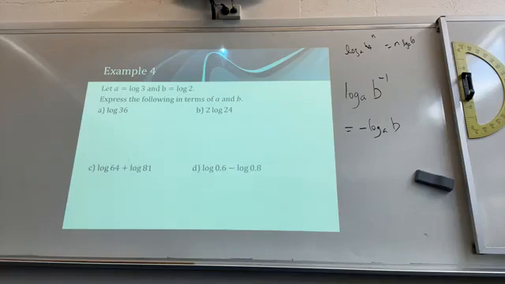If a equals log 3 and b equals log 2, can you think about the following in terms of a and b? Let's look at 36 first. What is 36? 36 is 6 times 6 or 2 times 9 times 4. You want it in terms of 3 and 2, don't you?